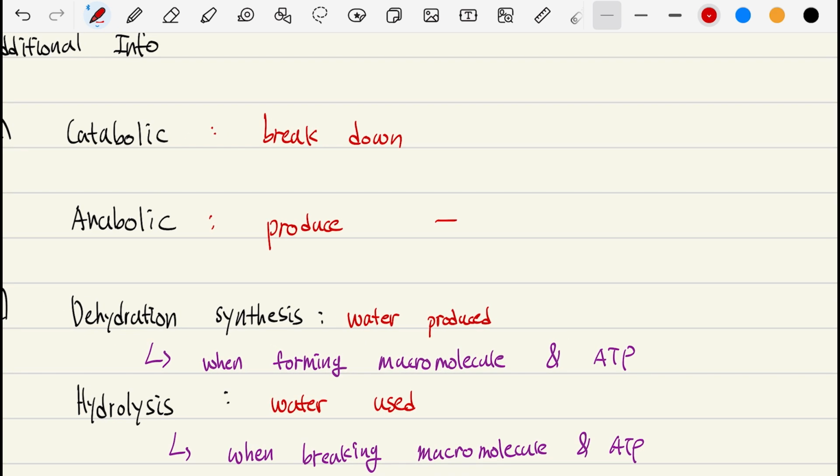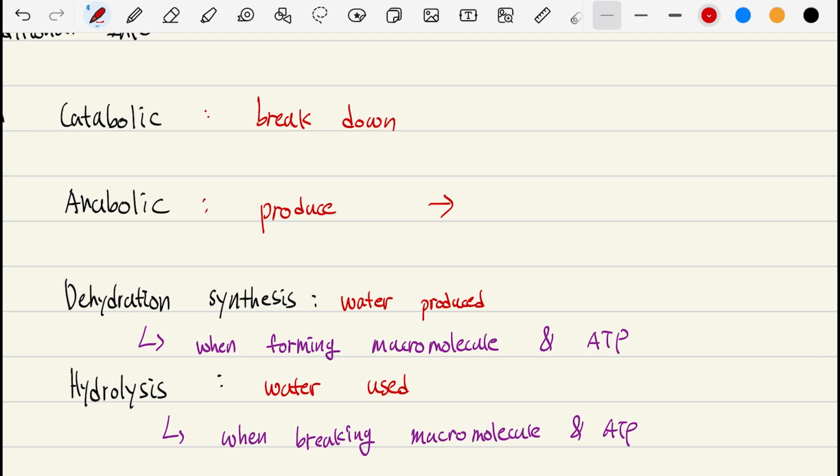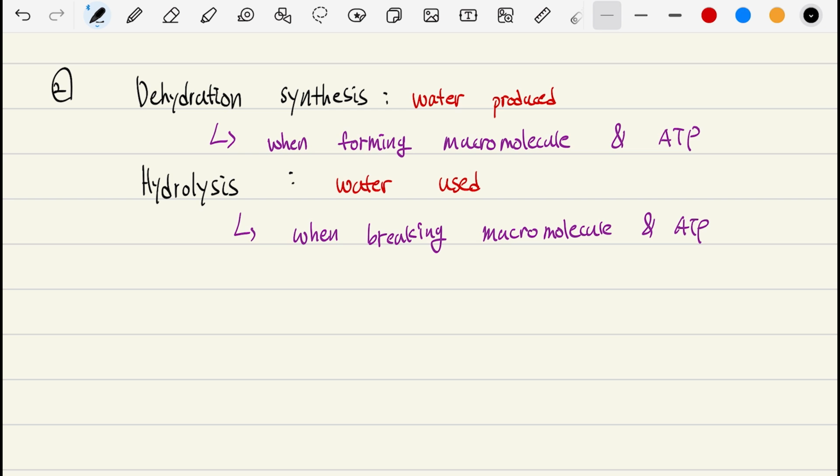It's really easy to find anabolic procedures around us, because we usually call the steroids that bodybuilders use anabolic steroids, which means that they use them to produce more muscle and synthesize more muscle.